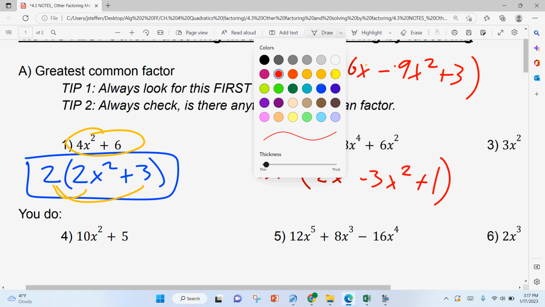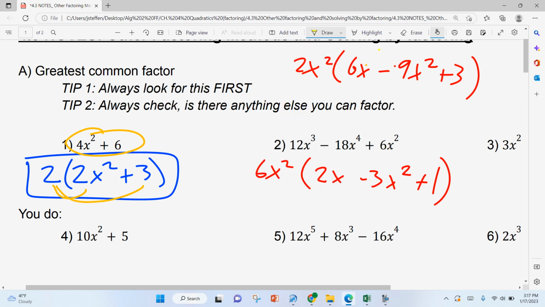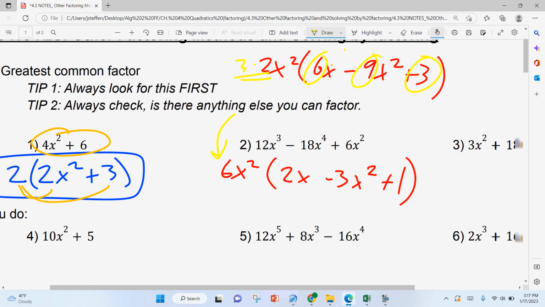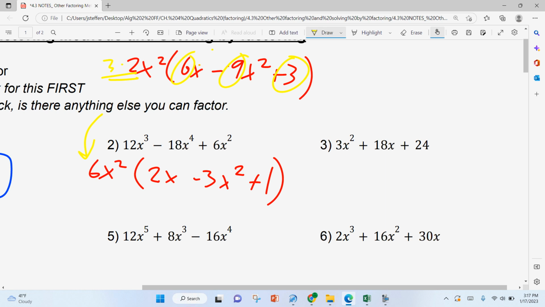Sometimes a highlighter works really well, other times not so much. The 6, 9, and 3, we can still factor a 3 out of that. So if we factor out another 3, then 2 times 3 ends up being 6. That's why we ended up doing the 6. So you can do it that way. That's a good way to check your work. It's just a lot quicker if you do the greatest common factor, not just a common factor.